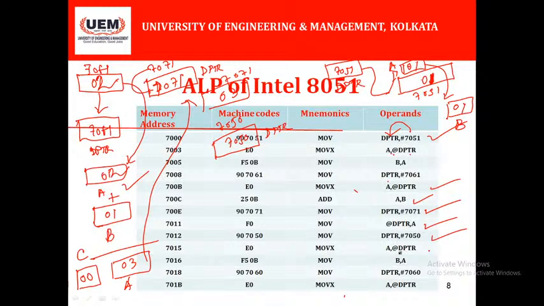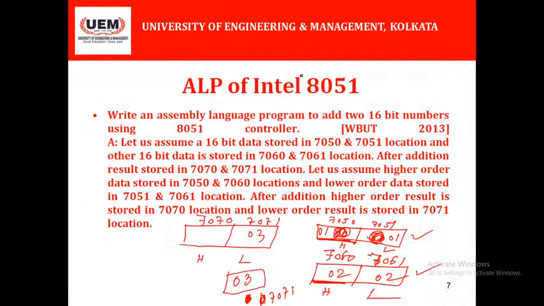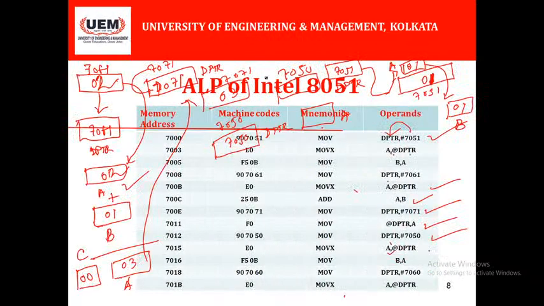So whatever value is stored at 7050, we are going to transfer it to the A register. This is my A register. What is the value stored at 7050? The value stored at 7050 is 01. So that 01 value is transmitted to the A register.